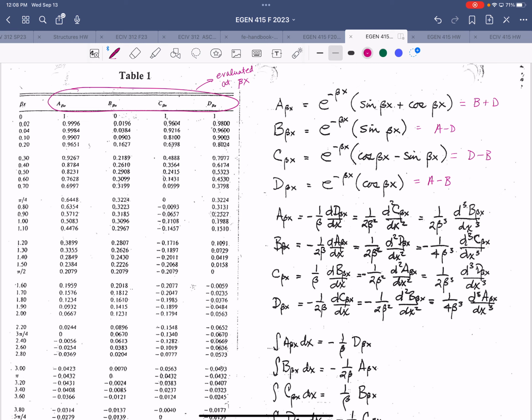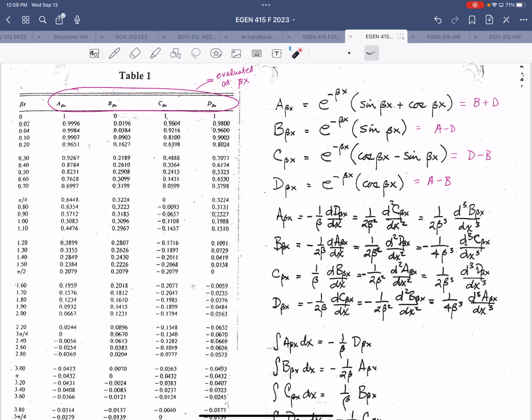It's that factor that represents the ratio of the foundation stiffness to the beam flexural rigidity, or the beam stiffness, right? So you have that factor that accounts for the relative stiffnesses of those two elements, and then x is a variable distance measured from the point of the applied load or moment.